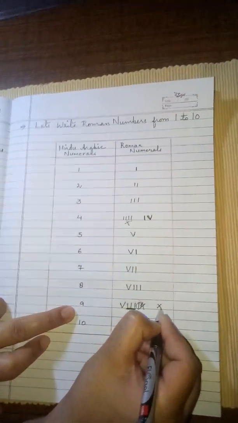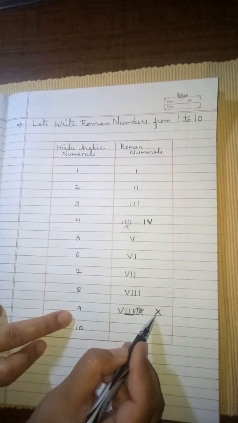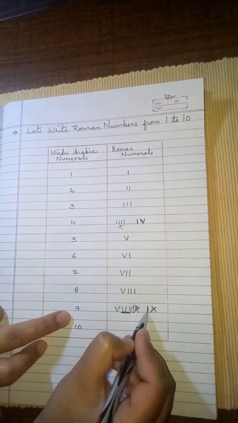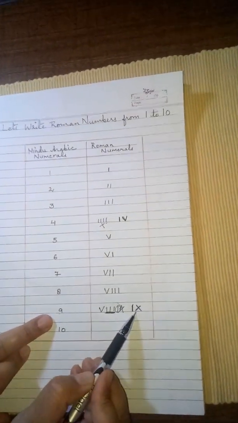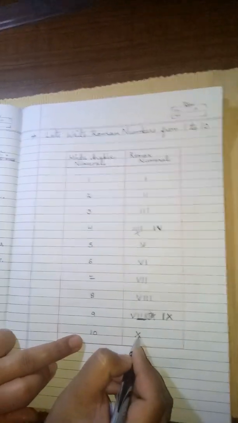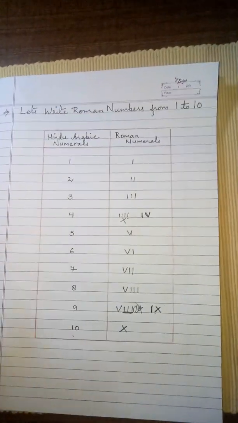I know the Roman number for 10, X. X represents 10. I want to write 9 here. So 10 minus 1 becomes 9. Now this is read as 9. And for 10 we have it in the table. This X represents 10.